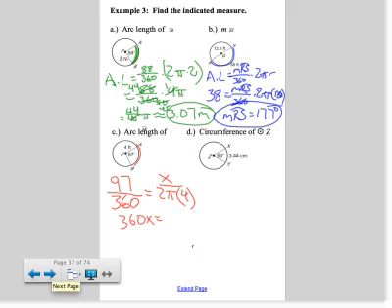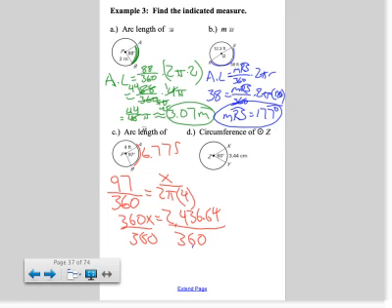So I have 97 times 8 times 3.14, and I got roughly 2,436.64. Divide both sides by 360, and I got the arc length to be roughly 6.77 feet.